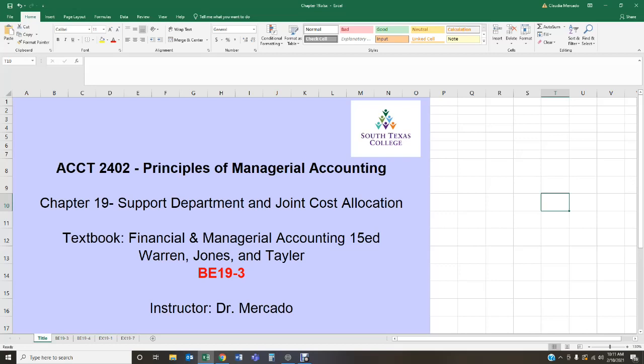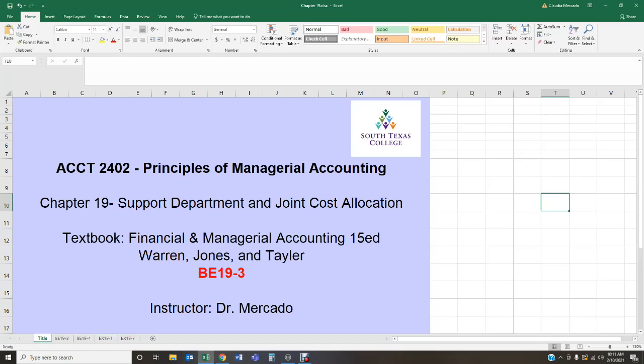Now, these methods require distributing overhead costs to all departments or activities, then allocating the support department costs to the production departments or activities, and finally applying costs to products. Now, the three commonly used methods for allocating support department costs to production departments or support activity costs to production activities are the direct method, the sequential method, and the reciprocal services method.